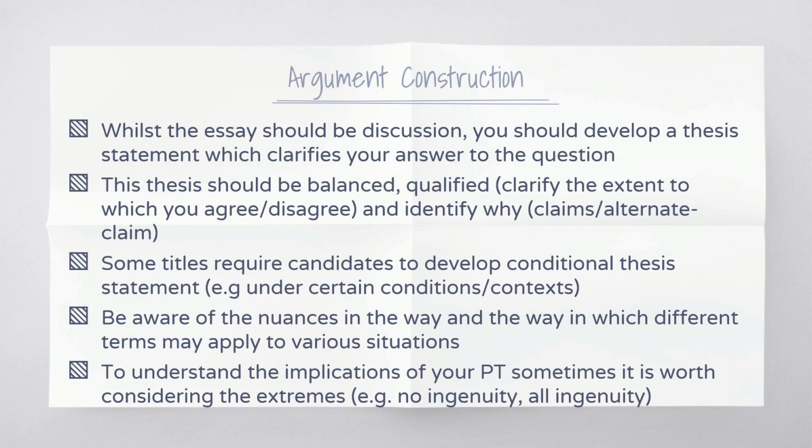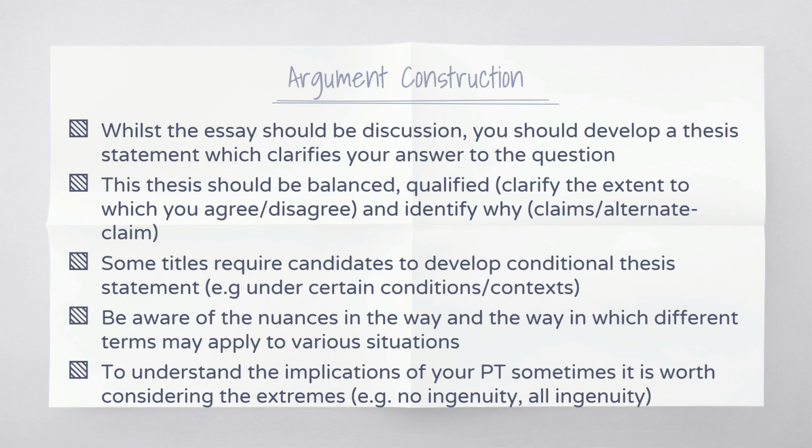What we would encourage students to do, when you're considering the implications of your prescribed title, is maybe consider the extremes. So, for instance, in the November 2024 essay, there's this key term of ingenuity. Okay, what happens when there's no ingenuity, or if everything in our production of knowledge is ingenious? What are the results that might develop?